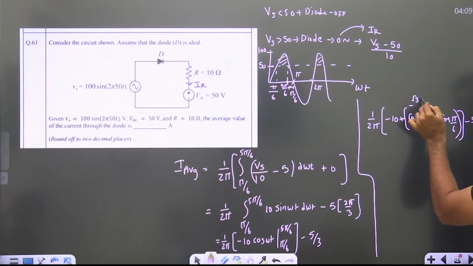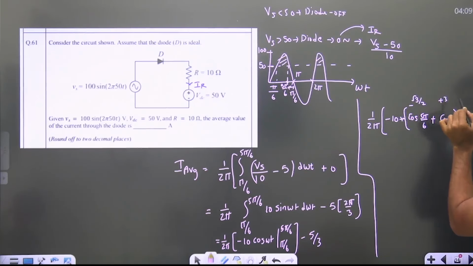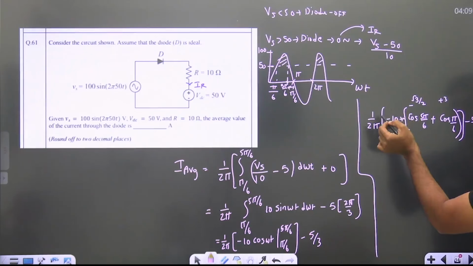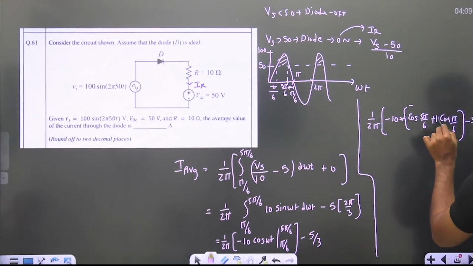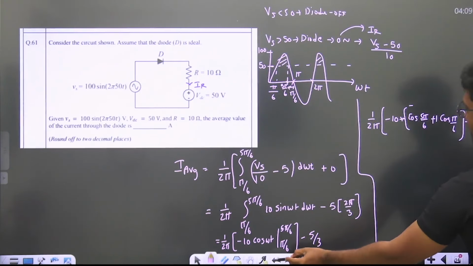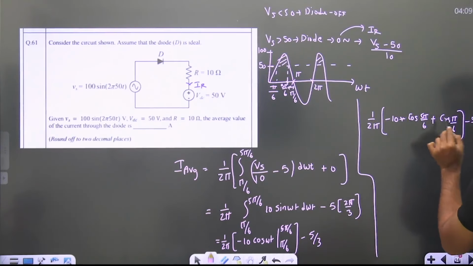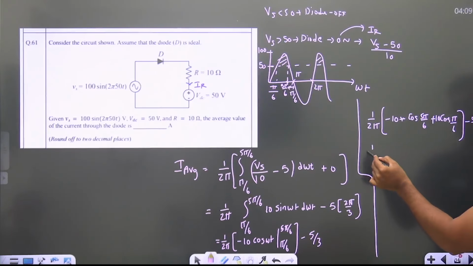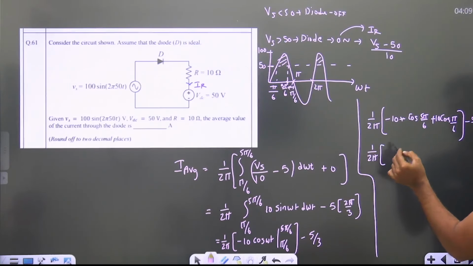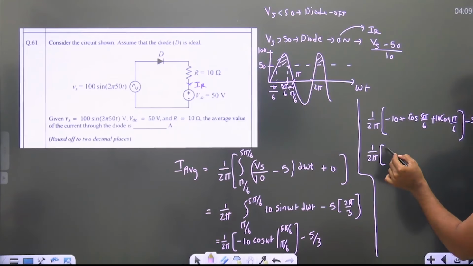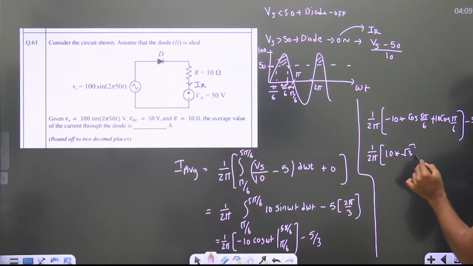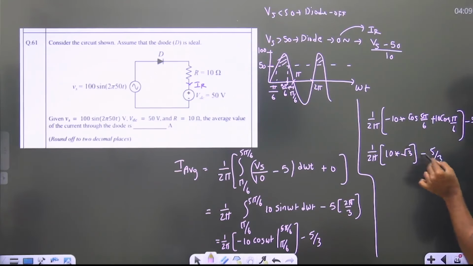So this will be 1 by 2 pi, minus 10 into minus root 3 by 2 minus root 3 by 2, which will give you 10 times root 3, and then 10 times root 3 minus 5.